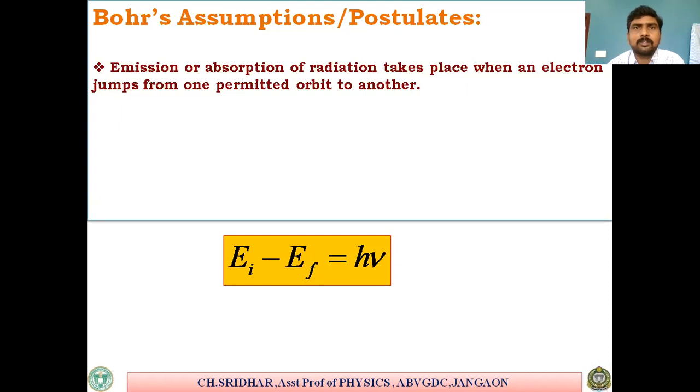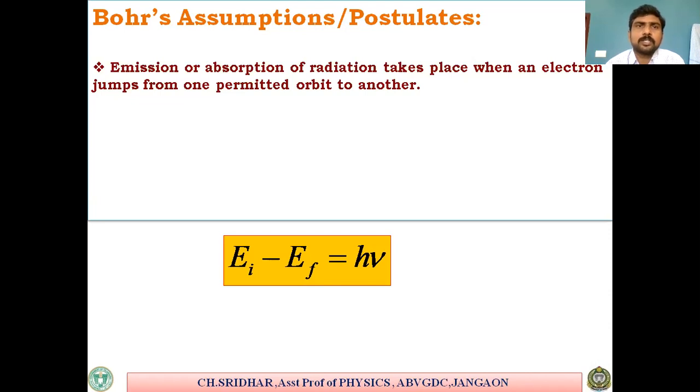So a state is denoted by the principal quantum number, and it is characterized by the energy E. When an electron jumps from a higher energy state to a lower energy state, the energy is emitted. When an electron jumps from a lower energy state to a higher energy state, the energy is absorbed.